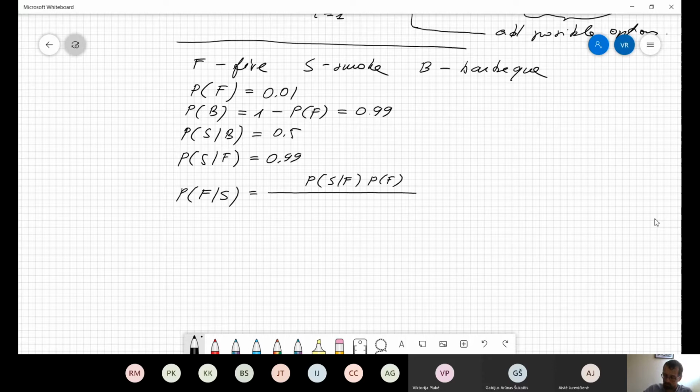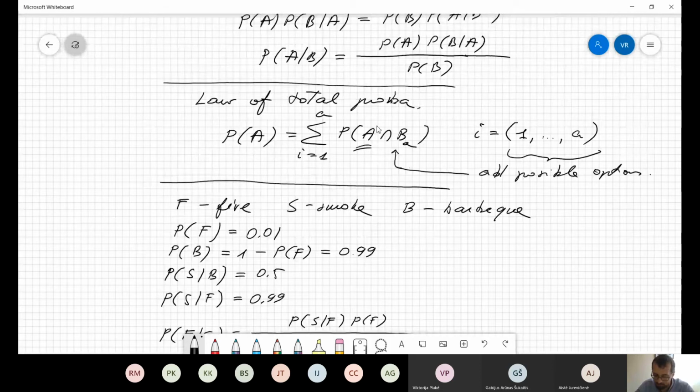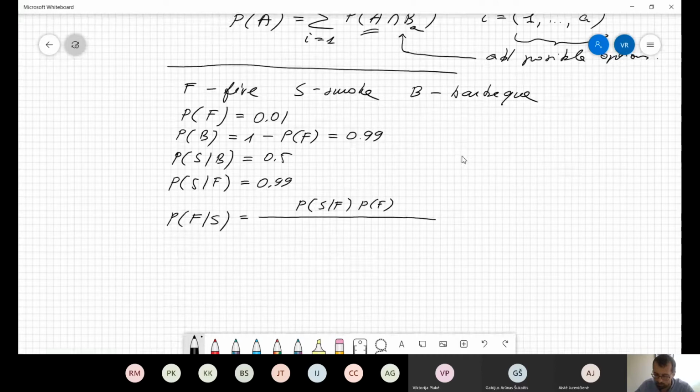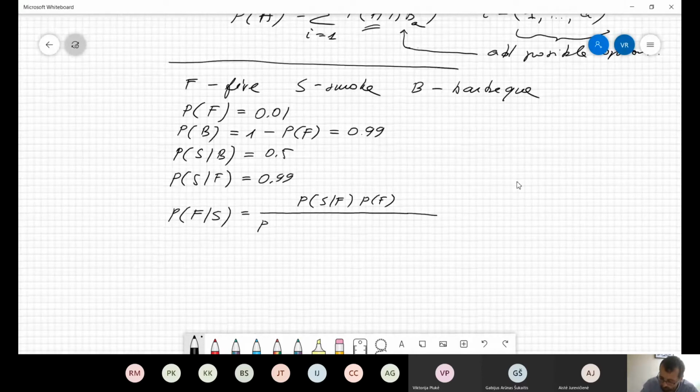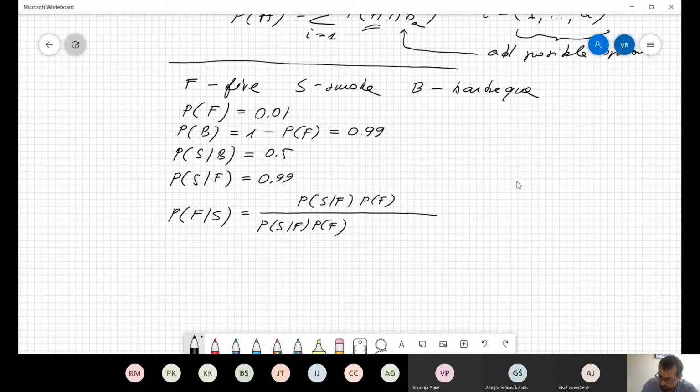So we basically follow just blindly the Bayes rule. And here we need to calculate the probability of smoke, right? In order to calculate the probability of smoke, we need to use the law of total probabilities. So we need to sum up probabilities of both events happening. This is the probability of smoke given fire, times the probability of fire.